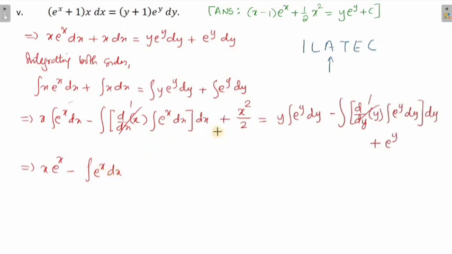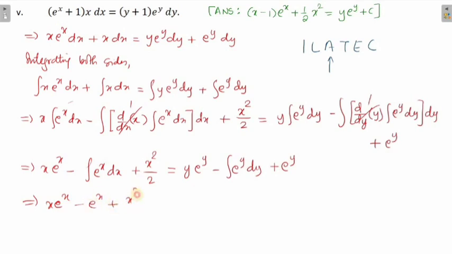So we have this much plus x square by 2 is equal to y e to the power y minus, similarly this is e to the power y, plus e to the power y. Now we are almost at the end. So this is e to the power x plus x squared by 2 is equal to y e to the power y minus e to the power y plus e to the power y.